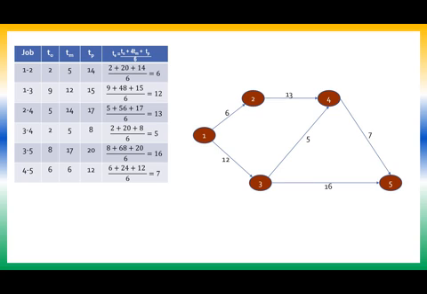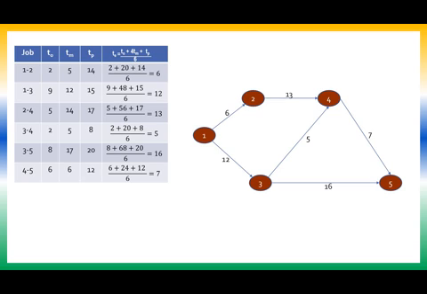Then 2 plus 5 fours are 20 plus 8, divided by 6, will give me 5. Then 8 plus 17 fours are 68 plus 20, divided by 6, gives me 16. Then 6 plus 6 fours are 24 plus 12, divided by 6, gives me 7. Okay, individual expected times are calculated.